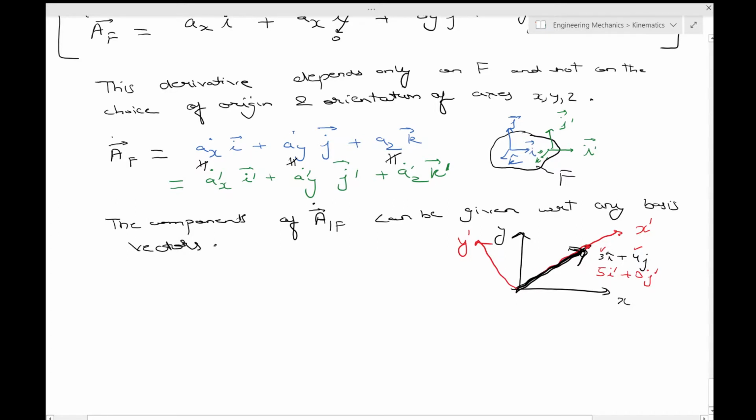So if you have a scalar quantity, like temperature, what would be the time derivative of that with respect to this frame F? That will be equal to f dot.